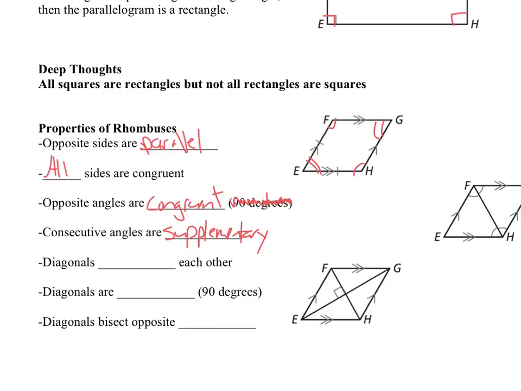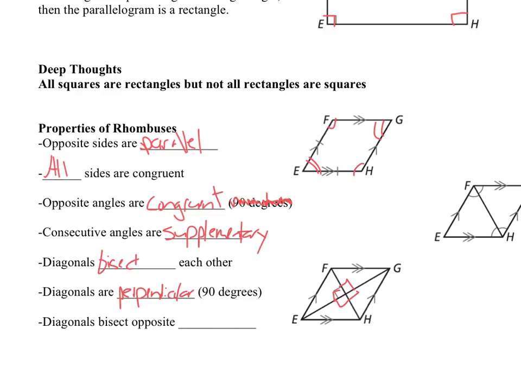Diagonals bisect each other. And then here's a big difference for a rhombus: diagonals are perpendicular. So they intersect at that 90 degrees, and that would be true all the way around.